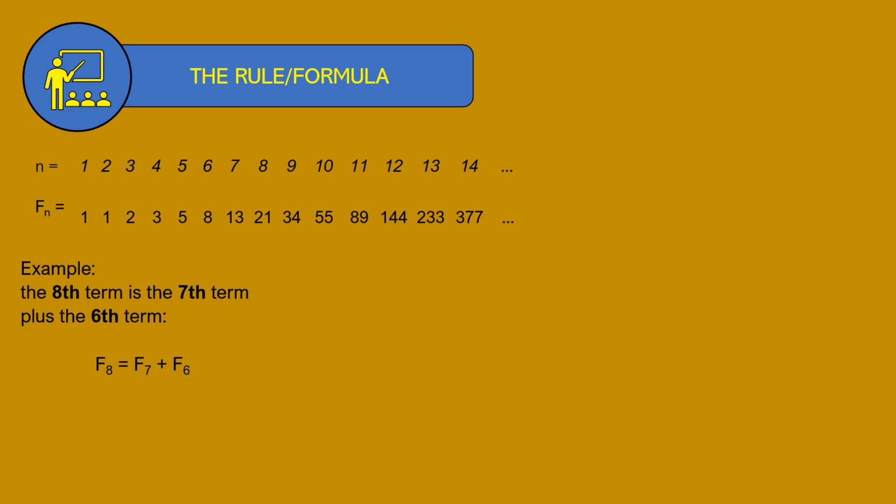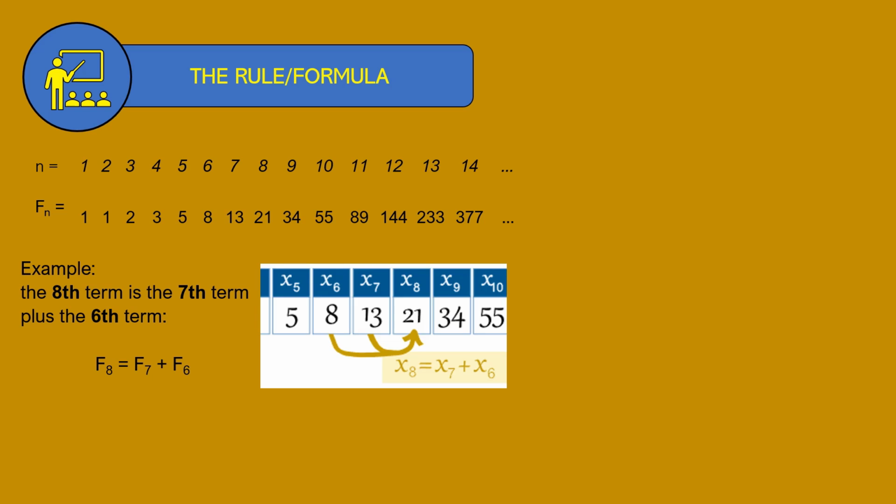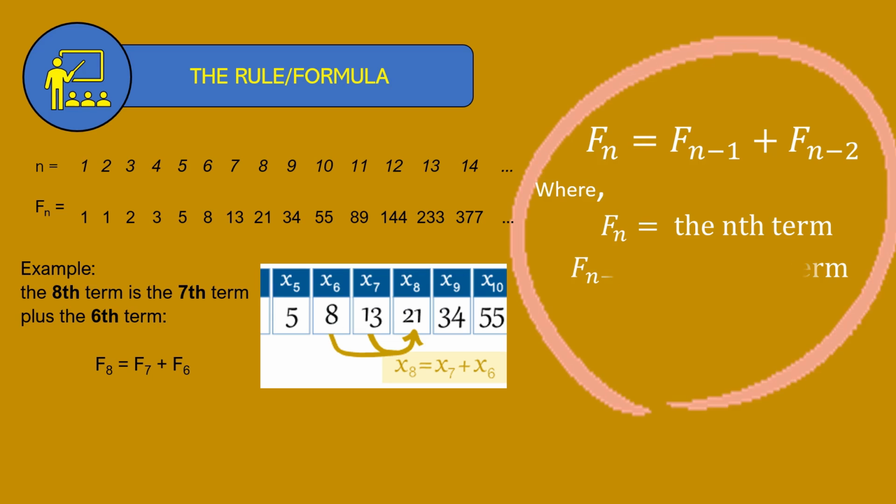Before that, let's take this example here. The 8th term, which is 21, is obtained by adding the 7th term and the 6th term. So 8 plus 13 is 21. So what is the rule or the formula of the Fibonacci sequence, where f of n is the nth term, f of n minus 1 is the previous term, and f of n minus 2 is the term before that.